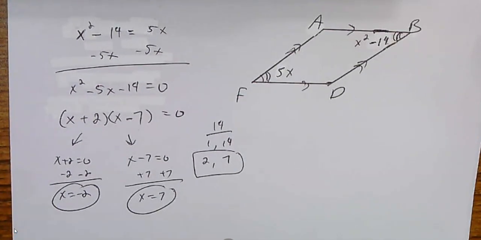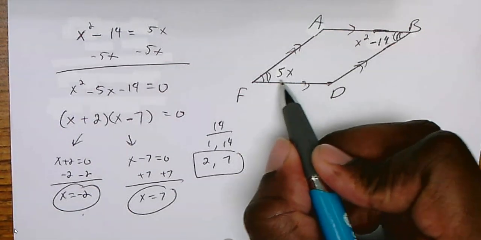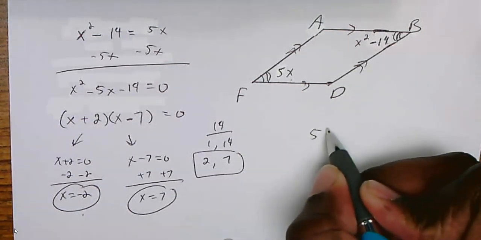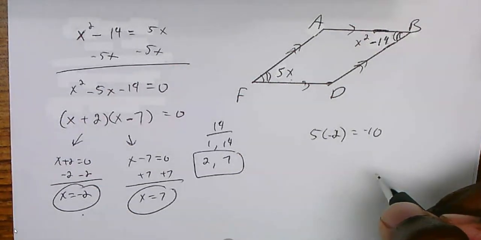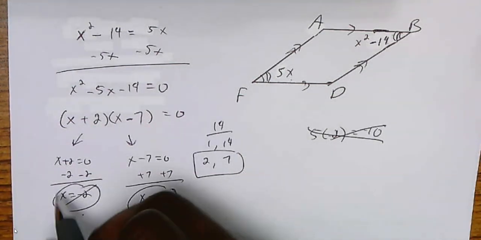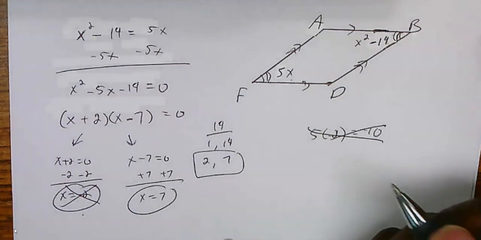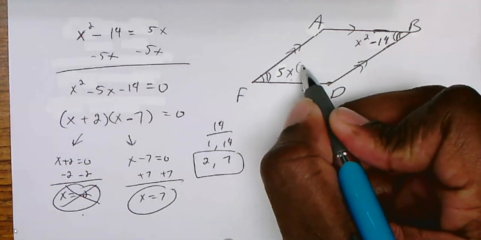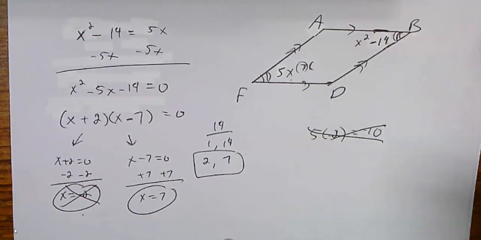So if that's true, let's test it. Let's test the negative 2 first. If it was negative 2, that would be 5 times negative 2, which is negative 10. And angles can't be negative, so this is an unreasonable solution. So I can throw out the negative 2, because angles can't be negative numbers. So let's try the 7. 5 times 7 should be 35.